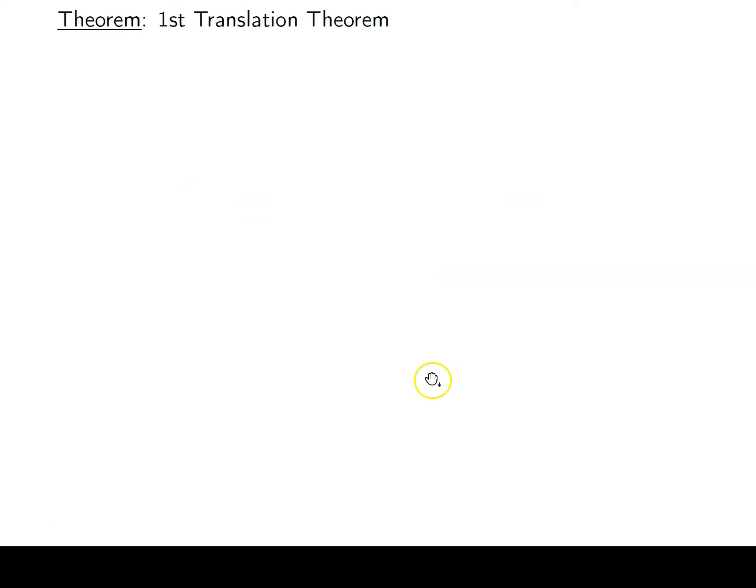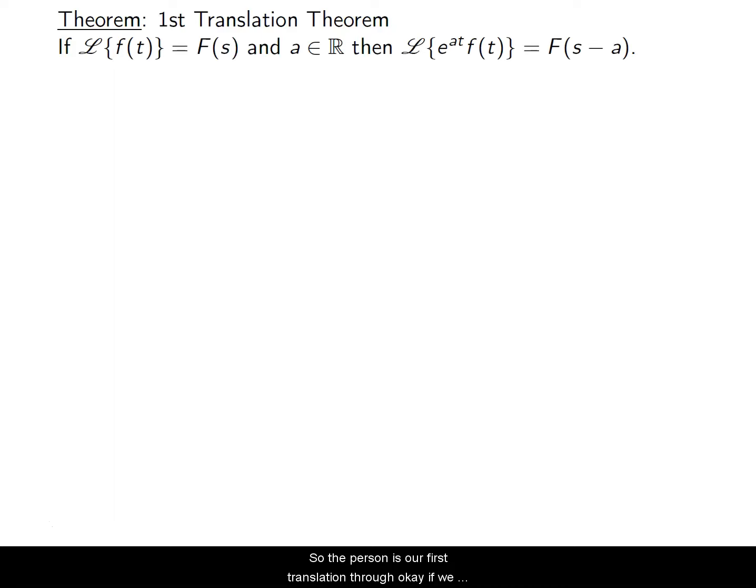Okay, so the first theorem is our first translation theorem. If we have the Laplace transform of a function equaling capital F of s, so we're transforming it from t to s, and now again this is a more algebraic function. A is an element of the real values, so it's a scalar.